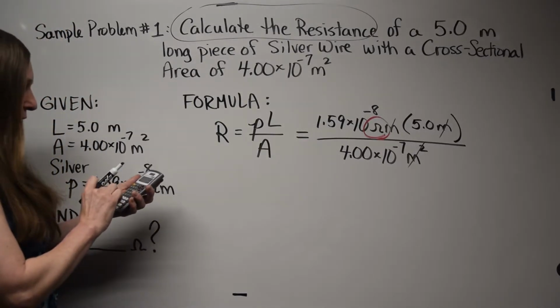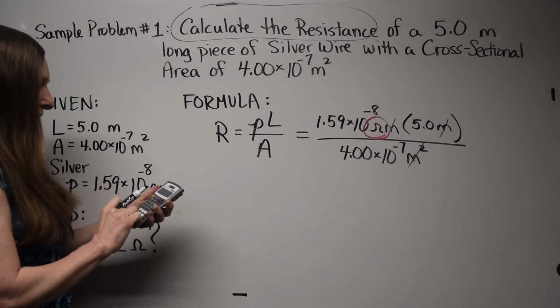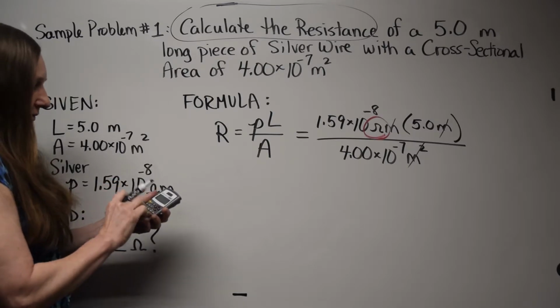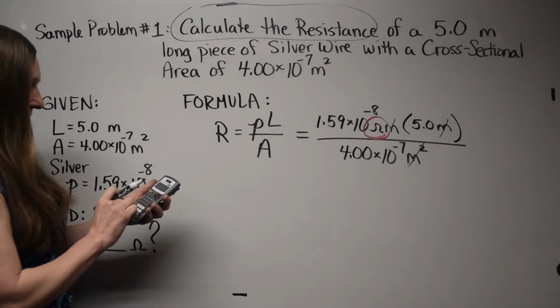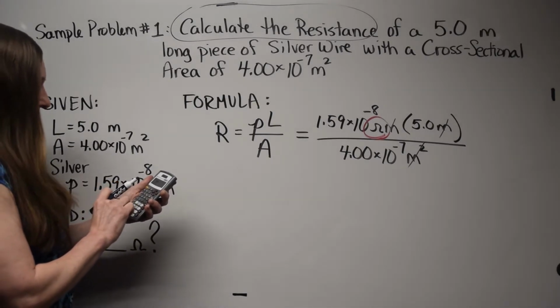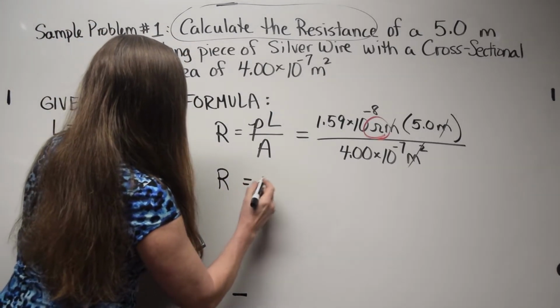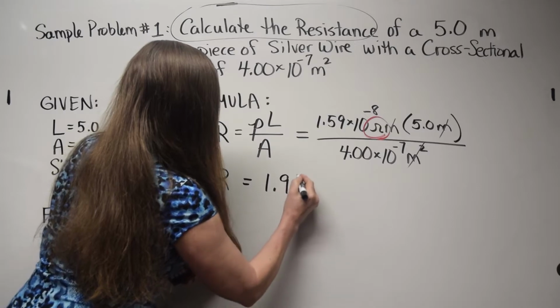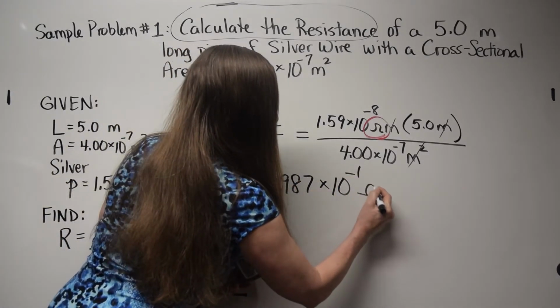All right, plug this in, 1.59 times 10 to the negative 8 times 5, hit equals. Now hit divided by 4, shift E, negative 7. And the answer comes out to R equals 1.987 times 10 to the negative 1 ohms.